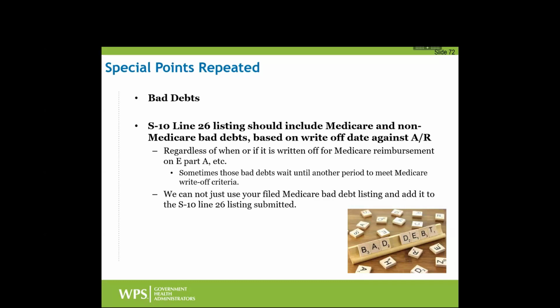For that reason, or at least partly for that reason, we need a total listing of and have all the same elements we need. So we do need a total bad debt listing with everything, Medicare and non-Medicare.